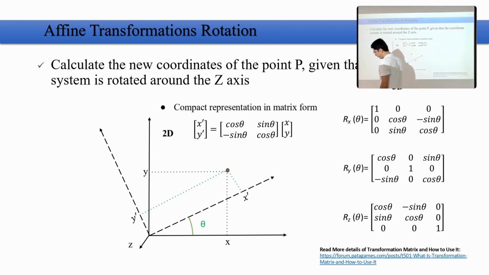You most probably studied it already. We have a single matrix form: x prime, y prime can be calculated by multiplying x, y by this matrix that includes cosine theta, sine theta, negative sine theta, and cosine theta. By multiplying with this amount of theta, you will have the amount of rotation on x prime and y prime.